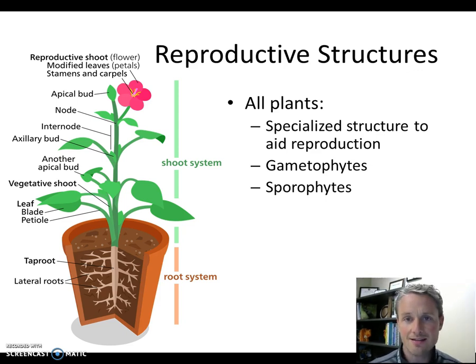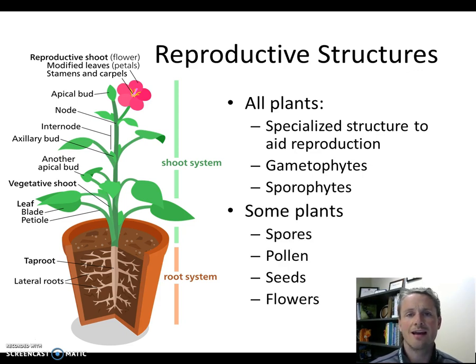Now, some plants, certain kinds of plants, have more specialized reproductive structures. So as we talk about different plants, we will talk about other structures. And in some plants, we'll talk about spores. In certain plants, we'll talk about a pollen grain, what pollen does. In some plants, we'll consider seeds. So not all plants have seeds.